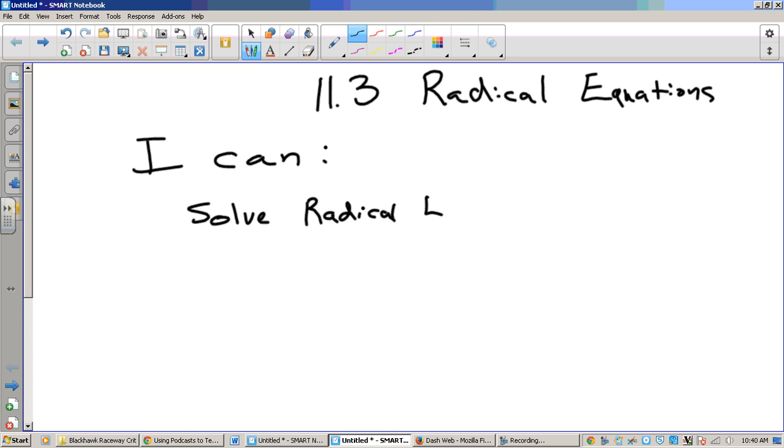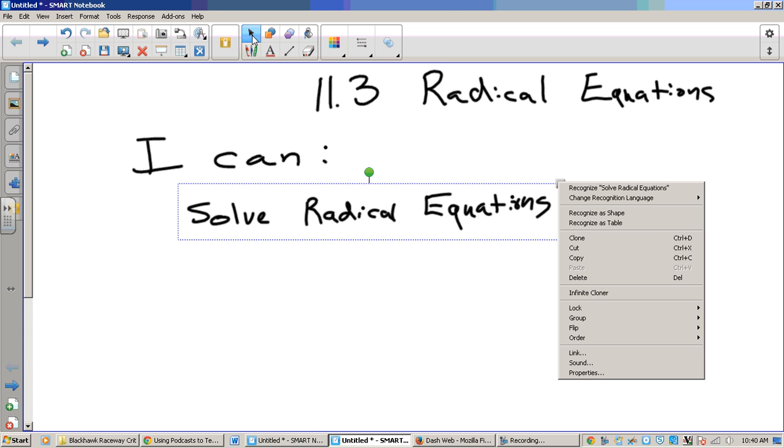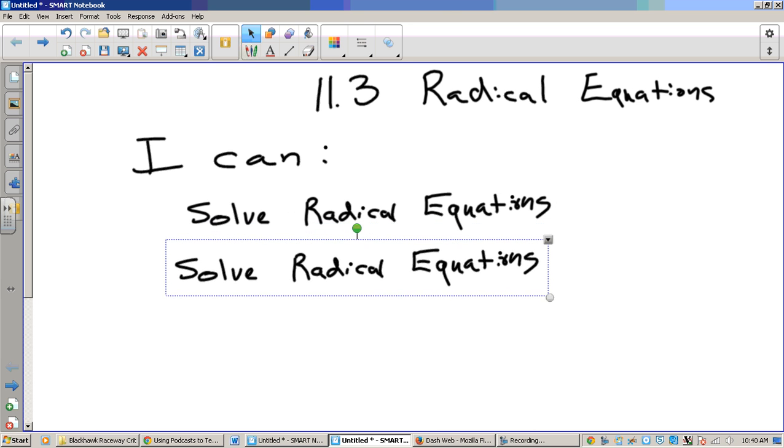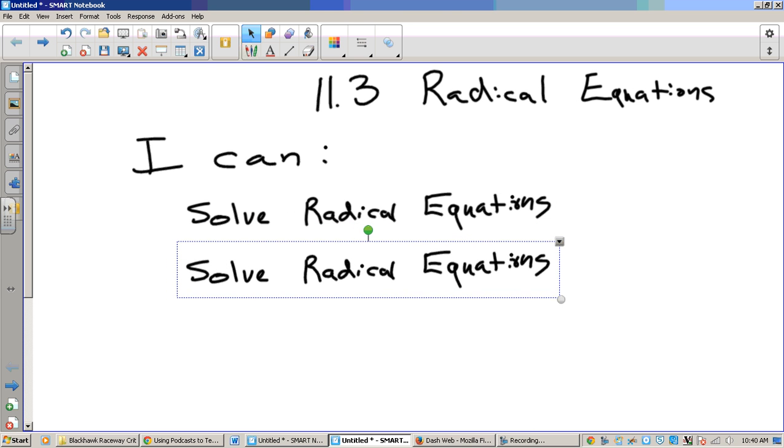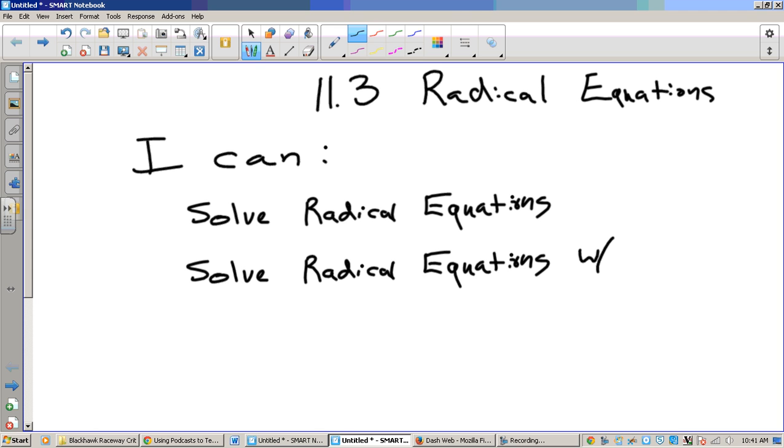And also, this is going to be kind of a fancy word. You're also going to be able to say that I can solve radical equations with extraneous solutions.